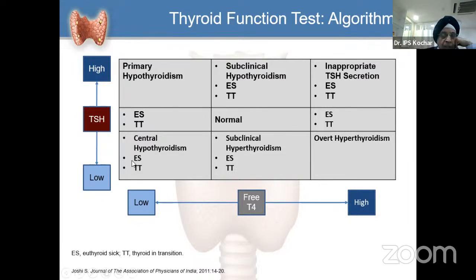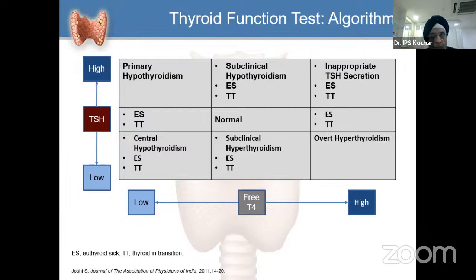If the FT4 is low and TSH is also low, it is likely to be central hypothyroidism, or it may be a sick thyroid, or a thyroid in transition. In the same way, if you have a normal FT4 and a high TSH, this causes subclinical hypothyroidism.